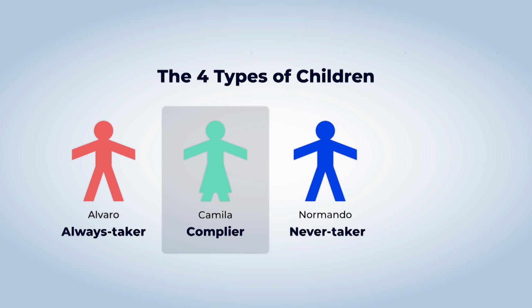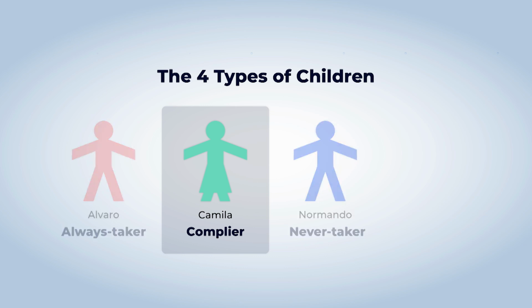RCT compliers are those who take treatment when the offer of treatment is made, but not otherwise. With lottery instruments, LATE is the effect of KIPP attendance on Camilla and other compliers like her who enroll at KIPP, take treatment, when offered treatment through the lottery, but not otherwise.